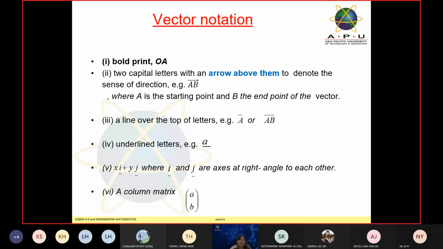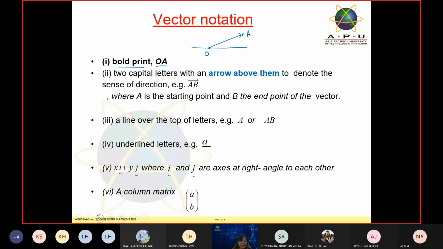So these are the notations for the vector. There are many. We can use a bullet to represent the vector. For example, just now we have a vector from point O to point A, so we can represent it as OA with a bullet.